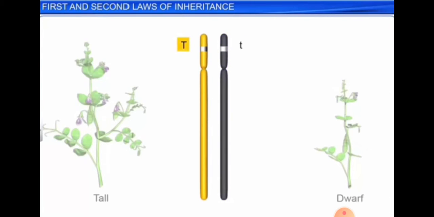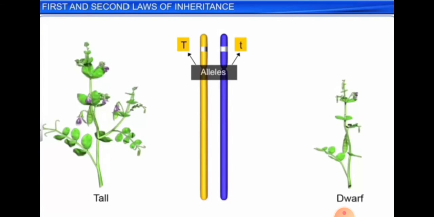Here the capital T and the small t are the alleles of each other. That is, they are a pair of genes representing two alternative forms of the same character, namely the height of the plant.